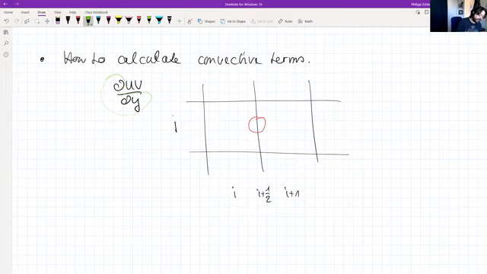The typical way to do that in our simplest approximation is to do finite differences between this and this point, where we have a spacing of delta, how do I write it, delta x or hx or hy rather, hy.